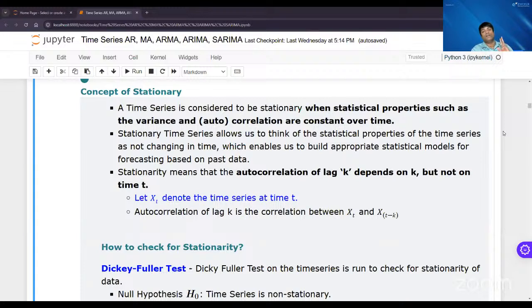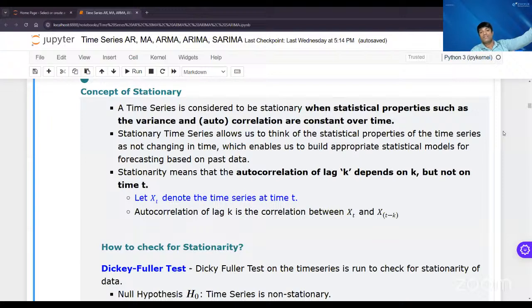There are two important tests which are used. The first one is the Dickey-Fuller test, or DF test. Apart from that, we have one more test which is KPSS. That is very rarely used, but it exists.